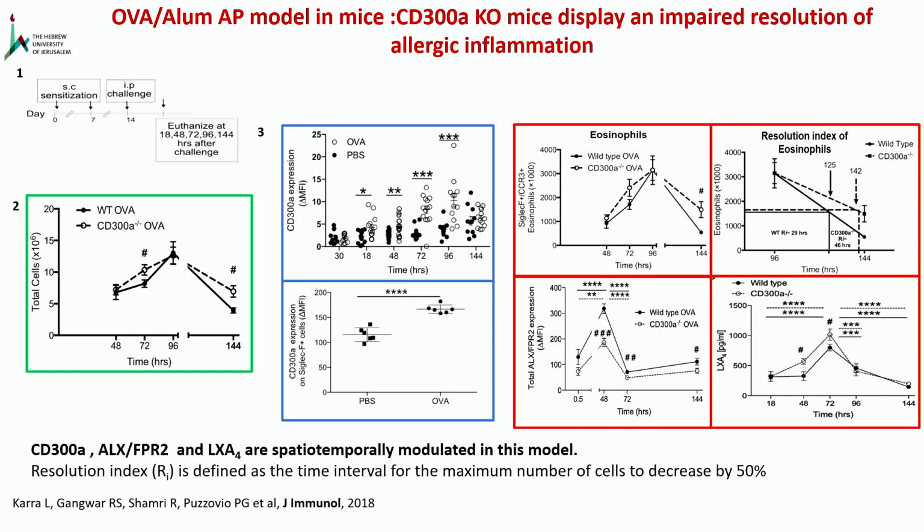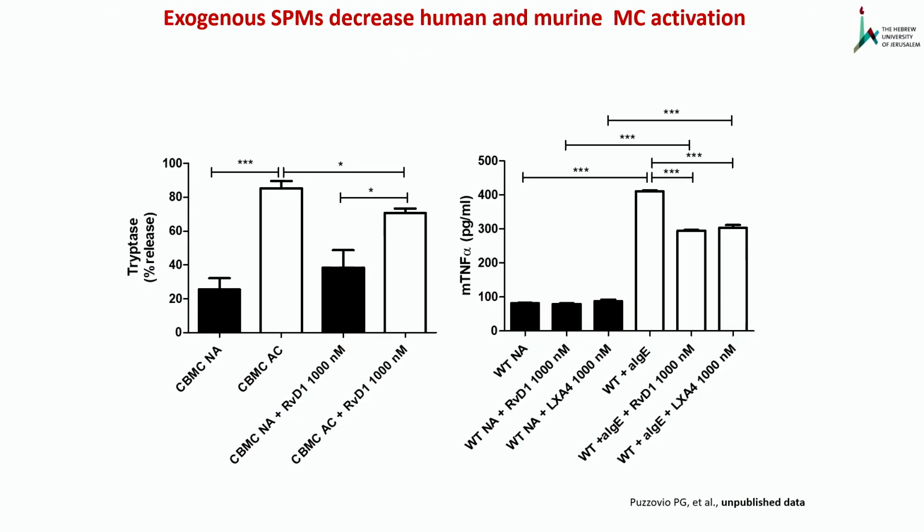Therefore, in a peritonitis model of alum, we saw the CD300A knockout mice indeed have impaired resolution, as shown by persisting high numbers of inflammatory cells, mostly eosinophils, and an interesting production of lipoxin A4 and expression of the receptor on the cells.